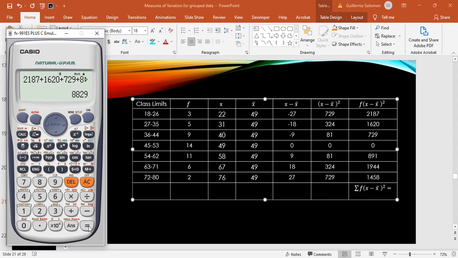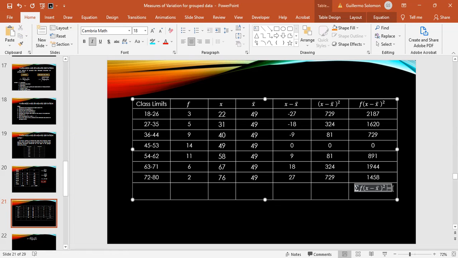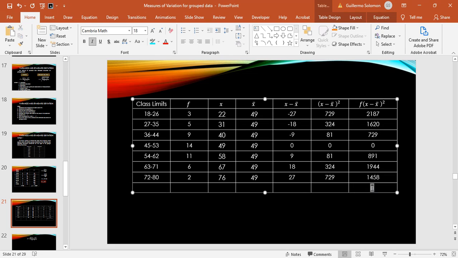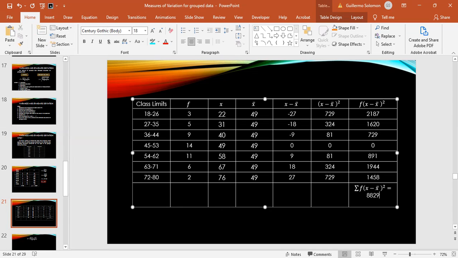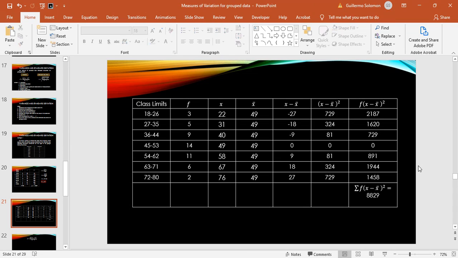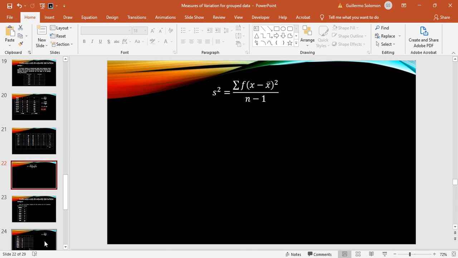Okay, and the summation here is 8,829. You can double check also if tama. Okay, that's it for the summation. And now you can apply the formula.